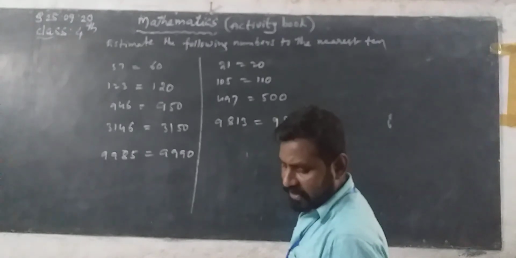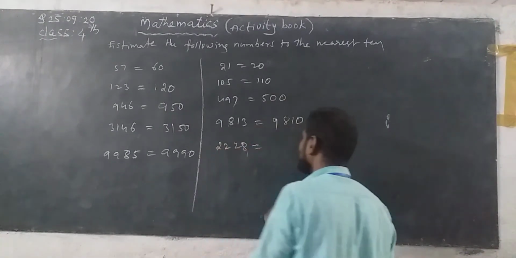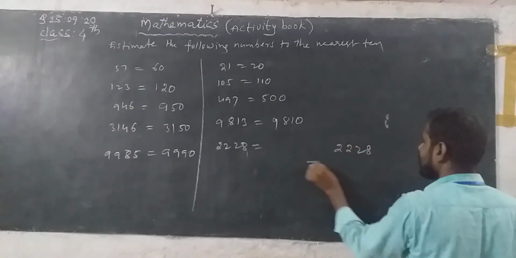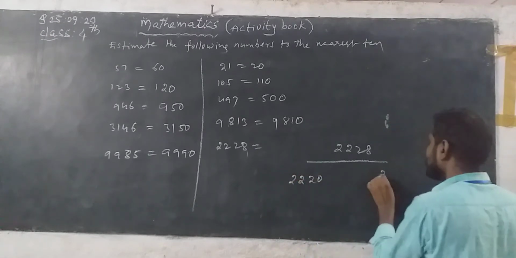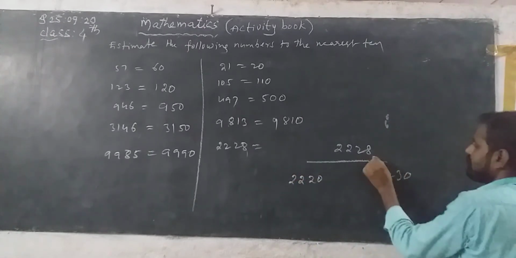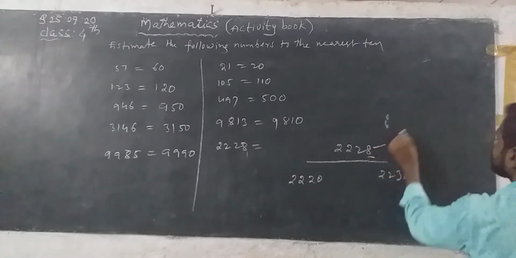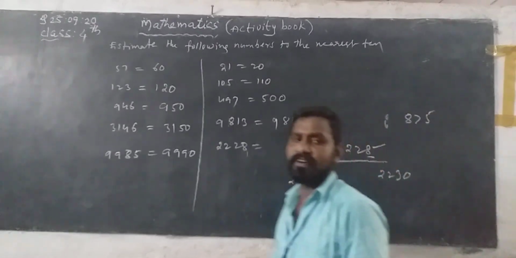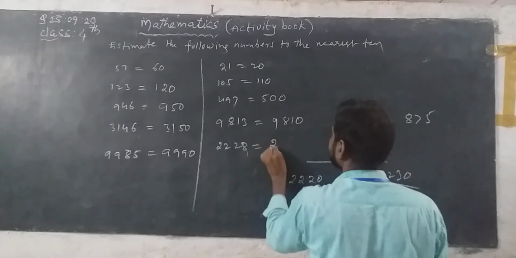Next, 2228. 2228 lies between 2220 and 2230. So while you round the given number to the nearest tens, you compare the digit in the ones place, that is 8, greater than 5. So 8 is greater than 5 means I have to take the next tens, that is 2230.